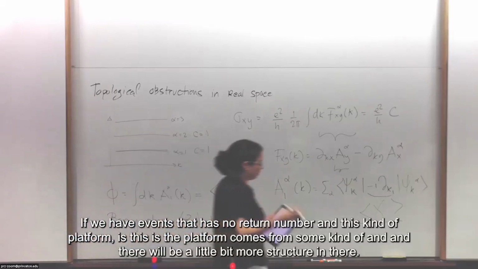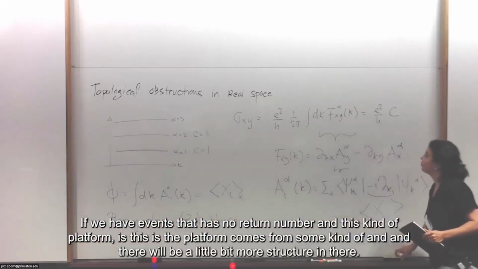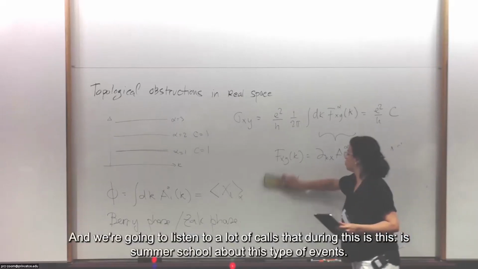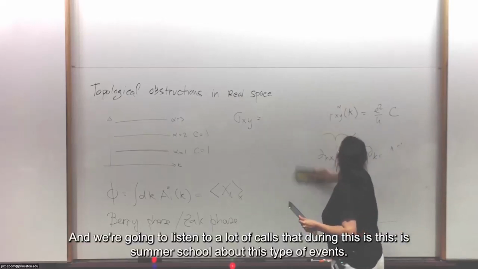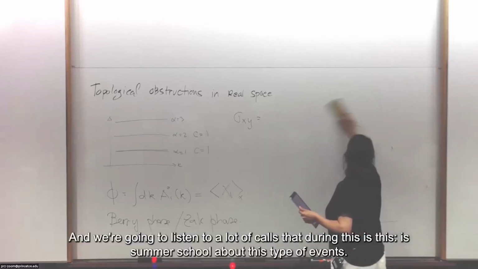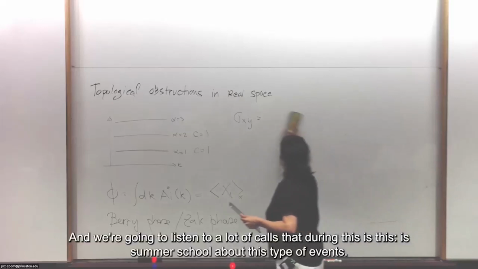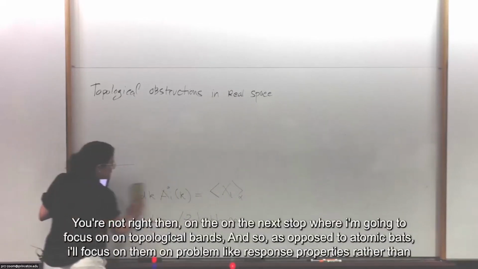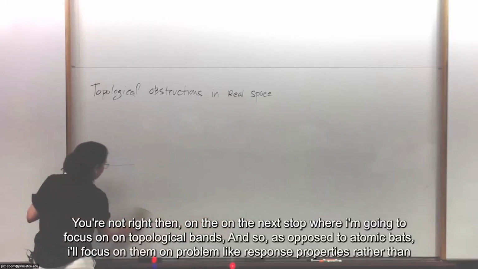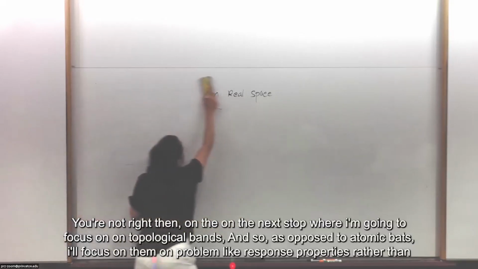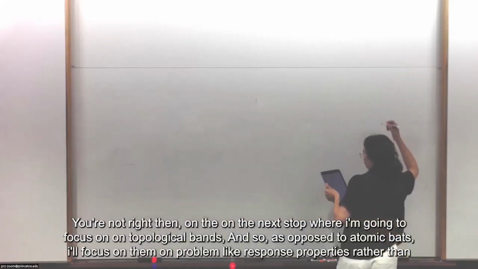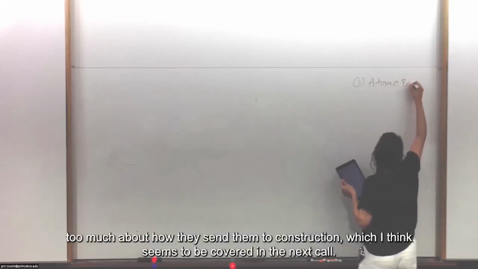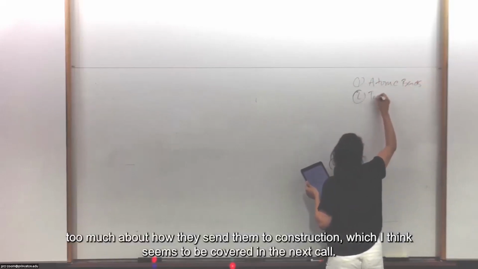In the next talk, I'm going to focus on topological bands, as opposed to atomic bands, and I'll focus on response properties rather than how these bands can be constructed, which I think is going to be covered in the next talk. So my first talk is going to be atomic bands, and the second talk is going to be topological bands.